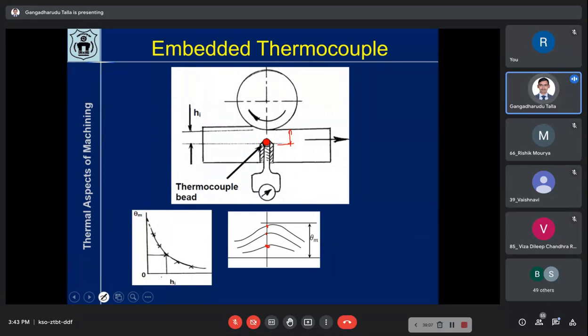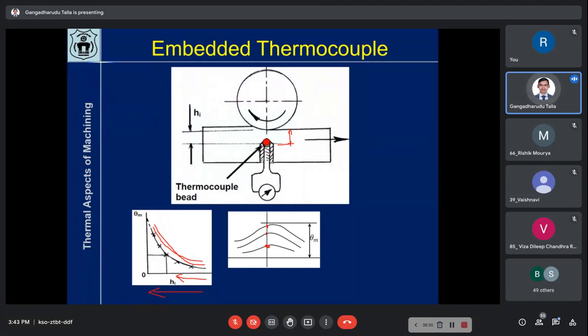Here also you can see, with the variation in height, as the height is coming down, the temperature is gradually increasing. You have to see from this side. The height is decreasing, so the temperature is increasing.